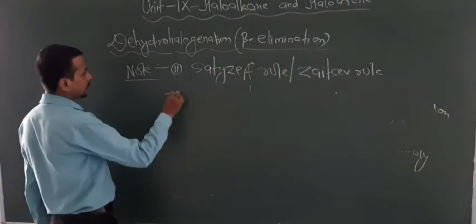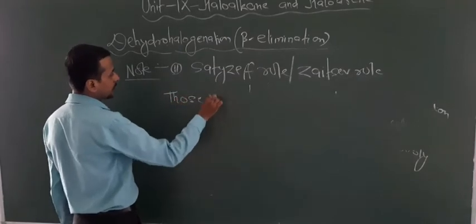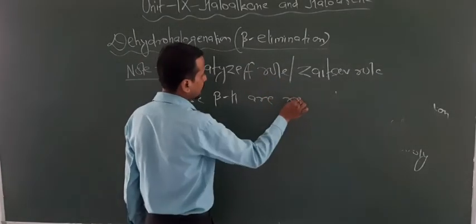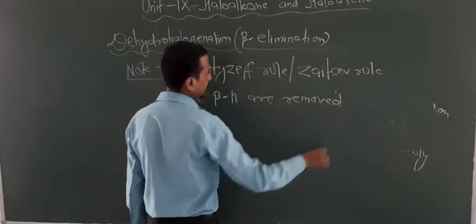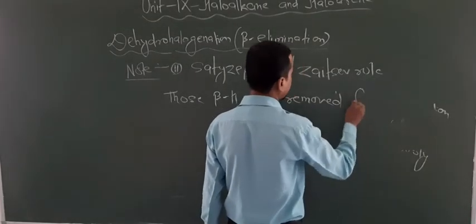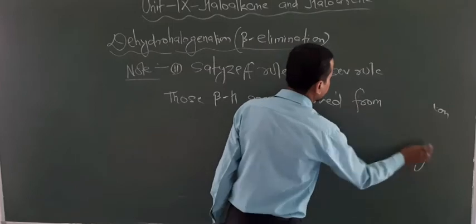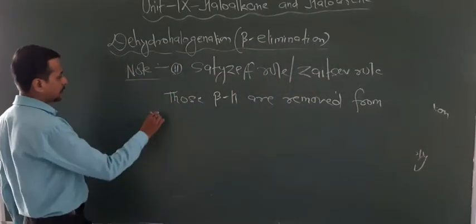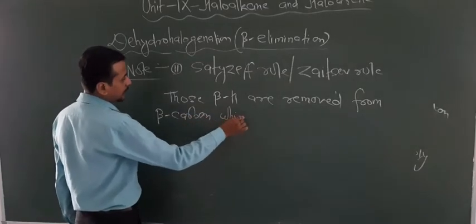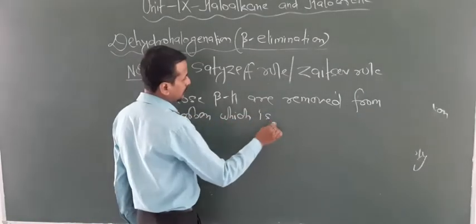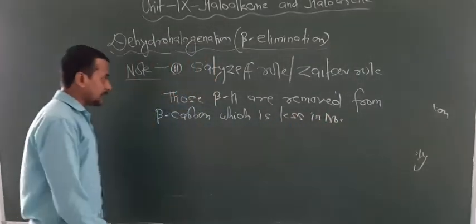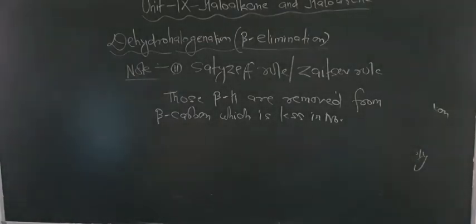According to him, those beta H are removed which are removed from the beta carbon which is less in number. So that means you have to remove that beta H which are less in number.